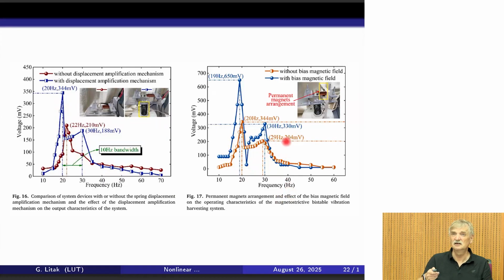And here this is with respect to what was told by Professor Grajan. So it is the system without bias magnetic field and with bias magnetic field. It means that if we have some magnetostrictive system, it is better to shift, or maybe to fix, the working area with some non-zero magnetic field.